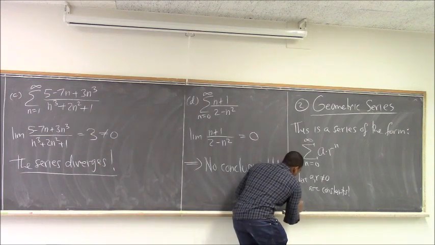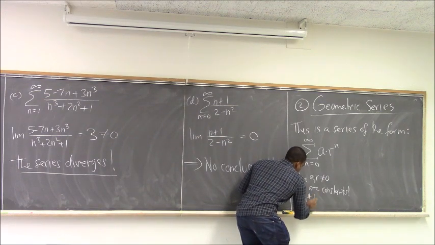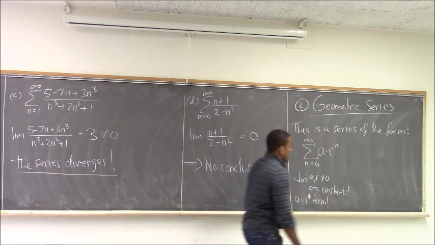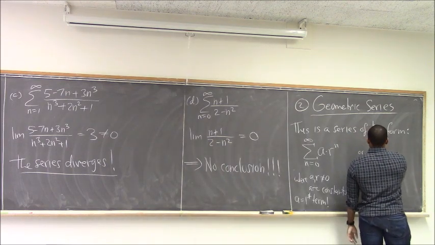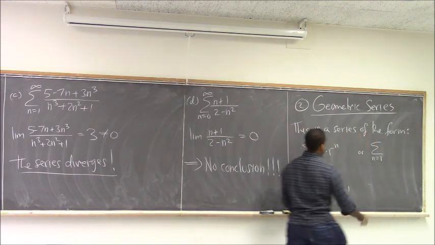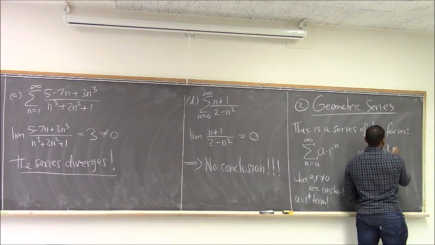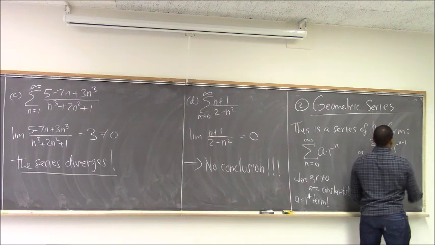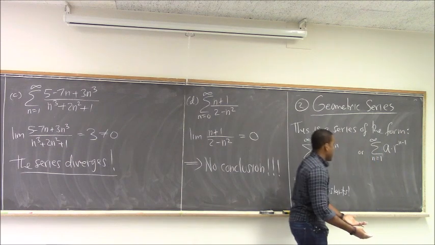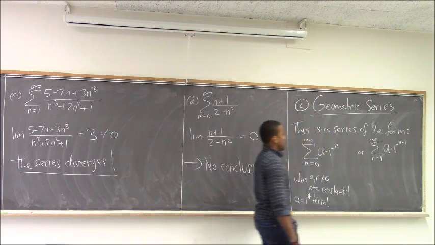Your a is the first term. Or another way to look at it, if you start a series from 1, which sometimes happens, then it must look like a r to the n minus 1. That way when you plug in n equals 1, you still get r to the 0, and a gets to be your first term.